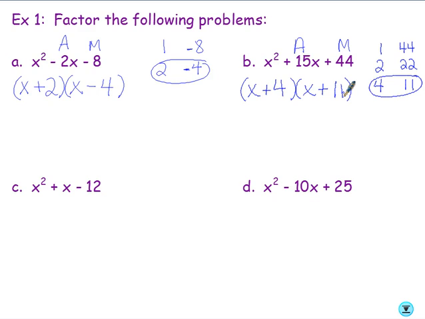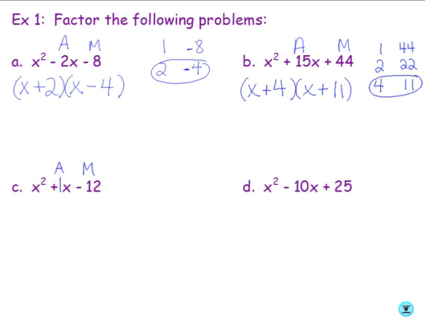Let's look down at C together. You are trying to find two numbers that multiply to give you negative 12 and add to give you, what's the imaginary number here? It's a 1. That's your addition number, a positive 1.